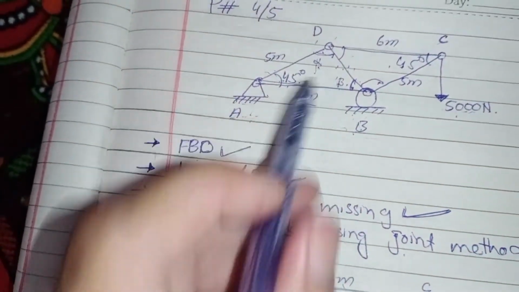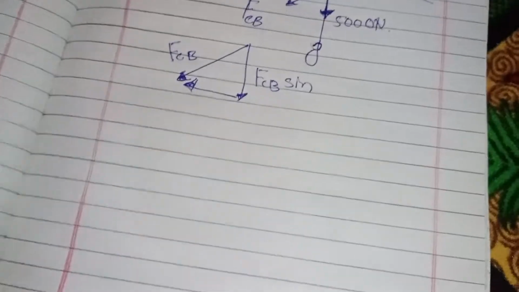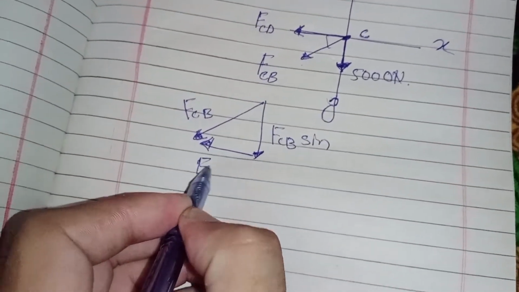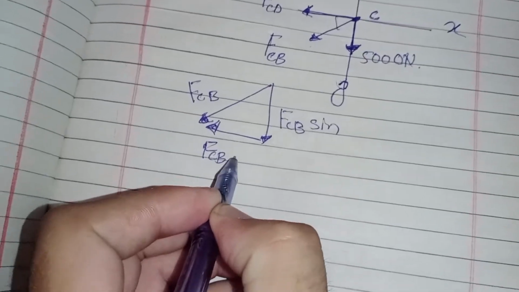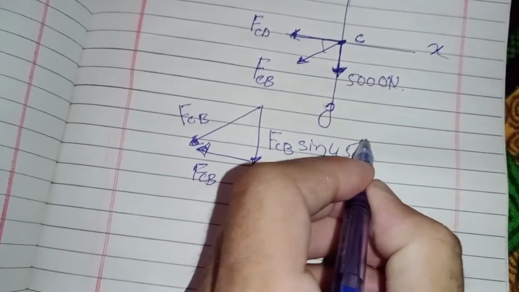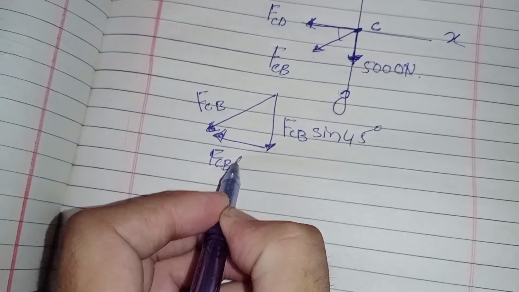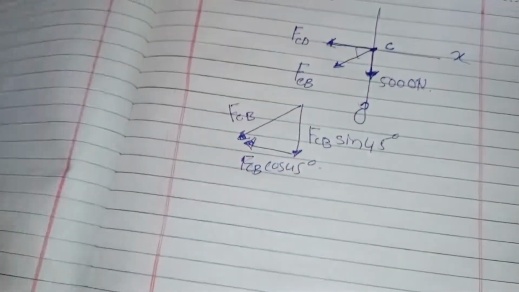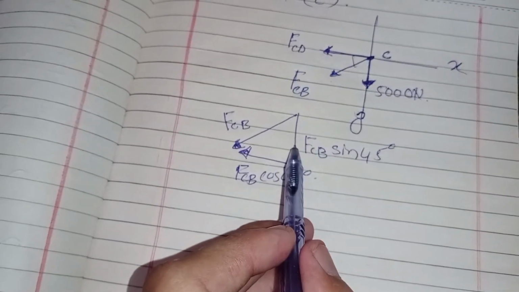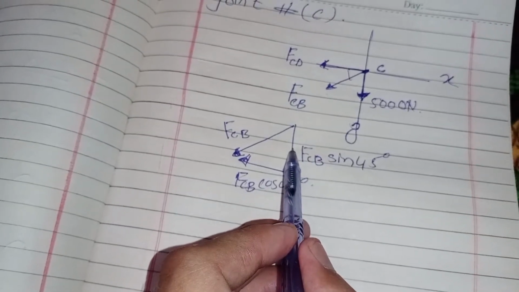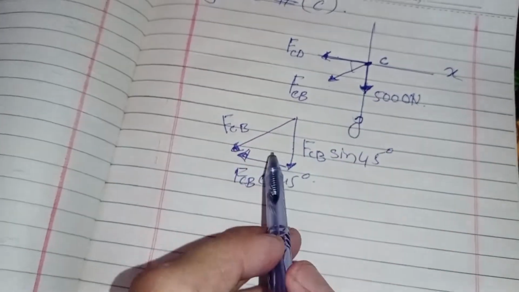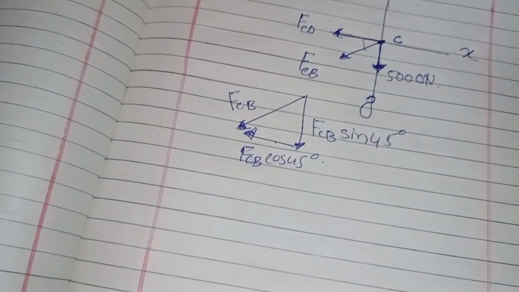Okay, we find alpha and beta. So FCB sine 45 degrees and cos 45 degrees. So we have four forces: one force is vertical and the other force also vertical, and the other force horizontal and the other force horizontal.